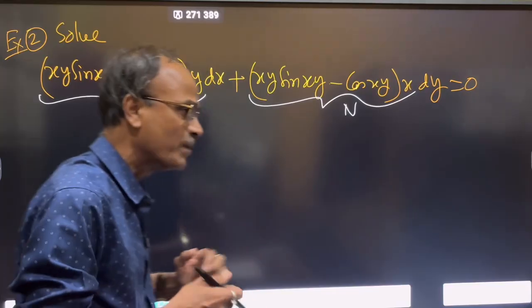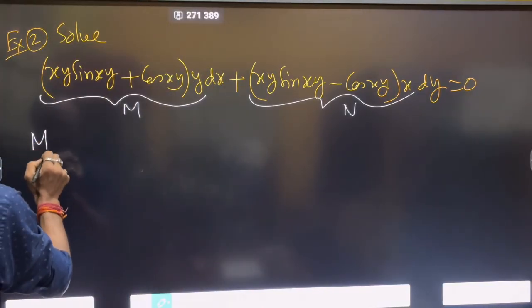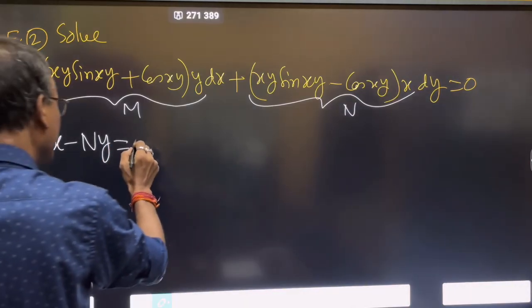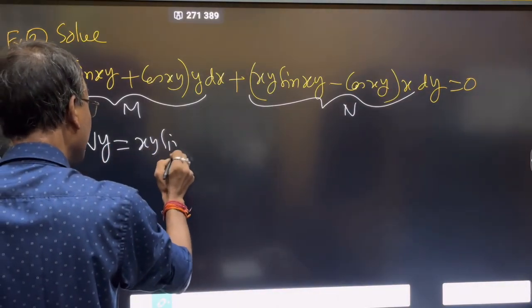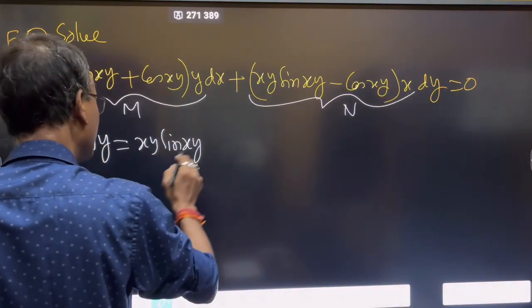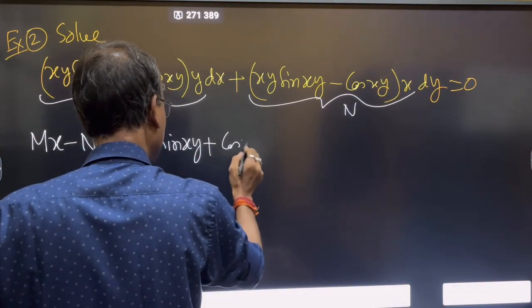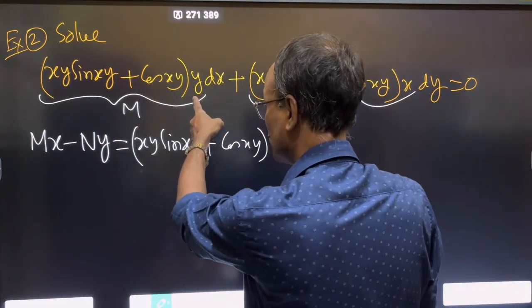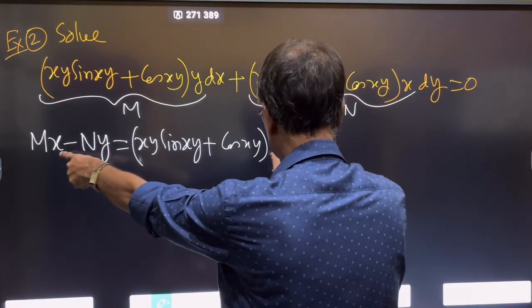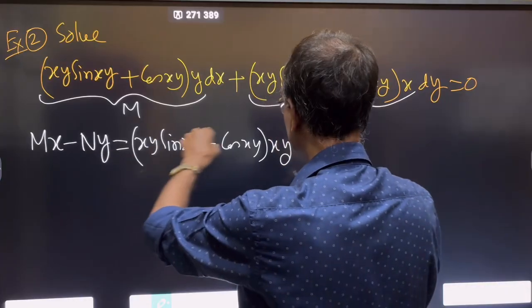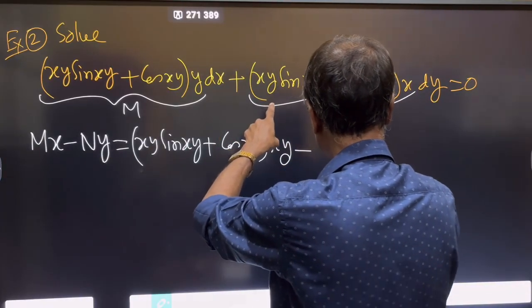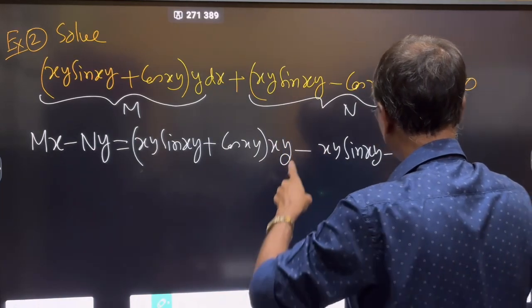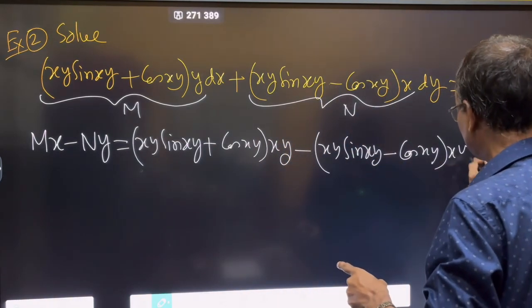Therefore, now you find Mx minus Ny. This is equal to xy sin xy plus cos xy into y, into x, minus N, which means xy sin xy minus cos xy into xy.